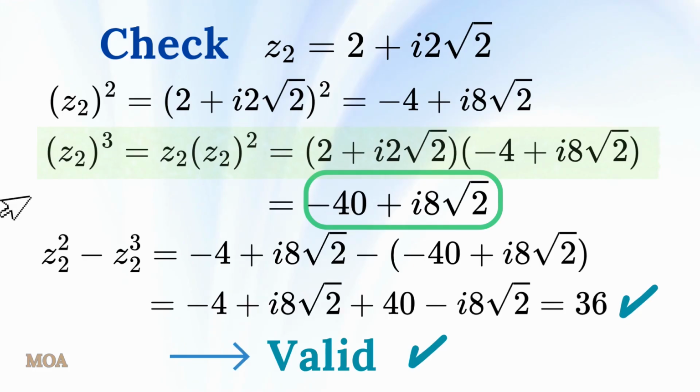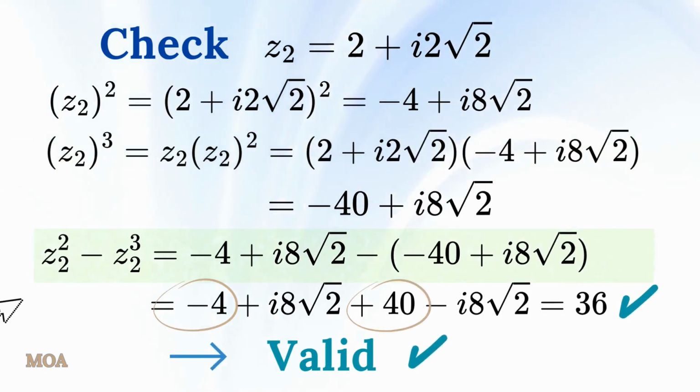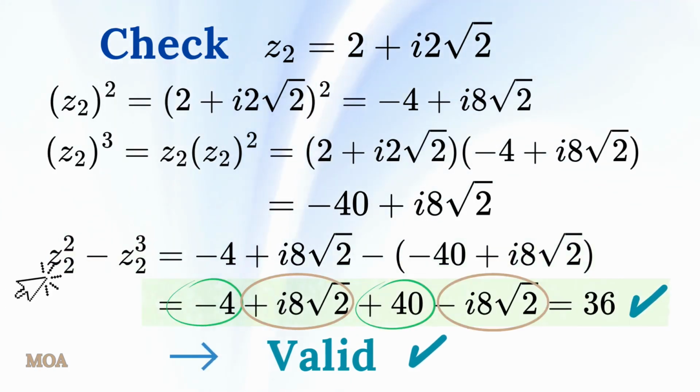Next, we compute z sub 2 cubed, which equals negative 40 plus i times 8 times the square root of 2. Now, replacing these in the expression z squared minus z cubed, and after rearranging terms, as shown in detail on the slide, the final expression of z sub 2 squared minus z sub 2 cubed becomes negative 4 plus i times 8 times the square root of 2, plus 40 minus i times 8 times the square root of 2.